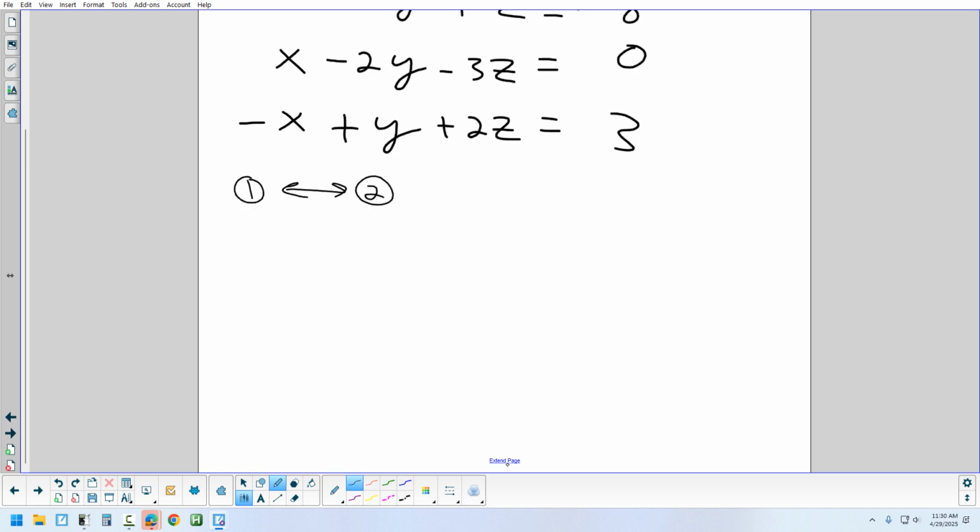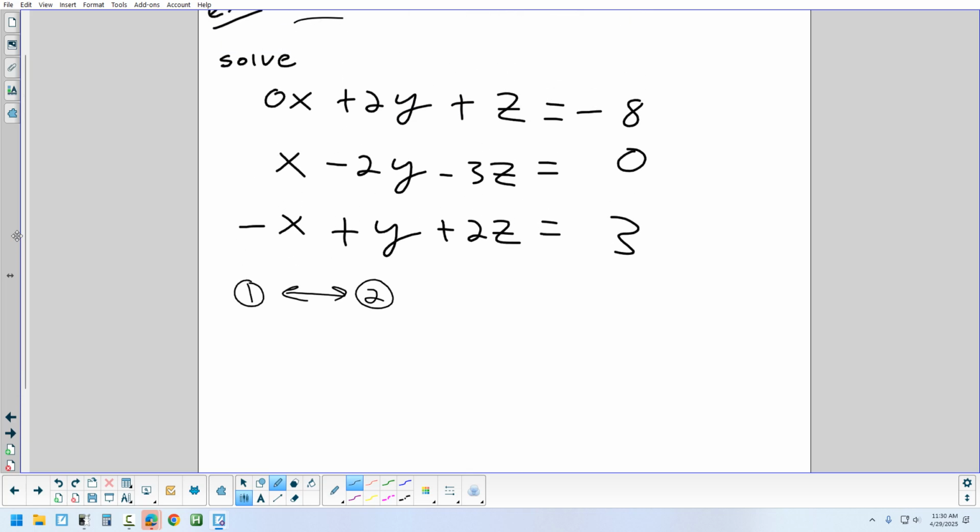So now, if I do that, in row 1, I'll have 1, negative 2, negative 3, 0. What would be my numbers in row 2? 0, 2, 1, negative 8. And in row 3, nothing happened.